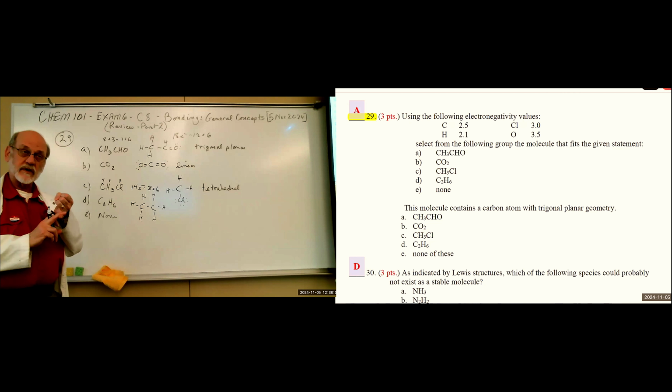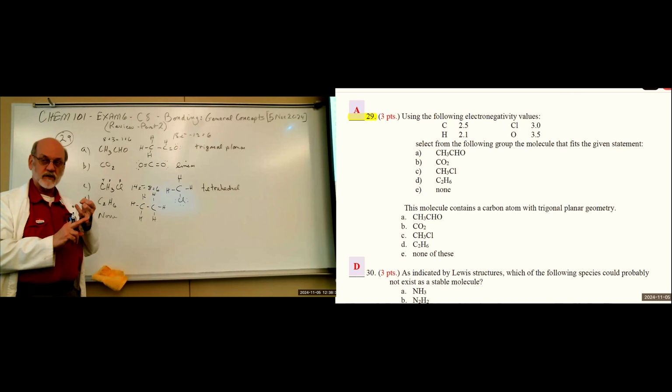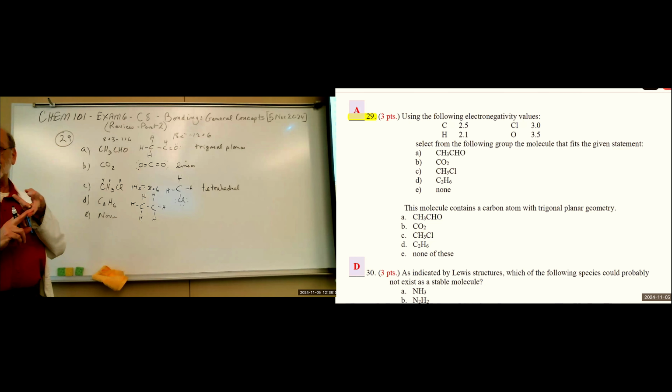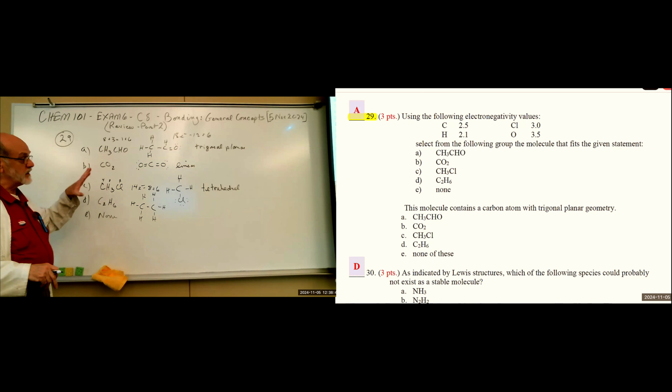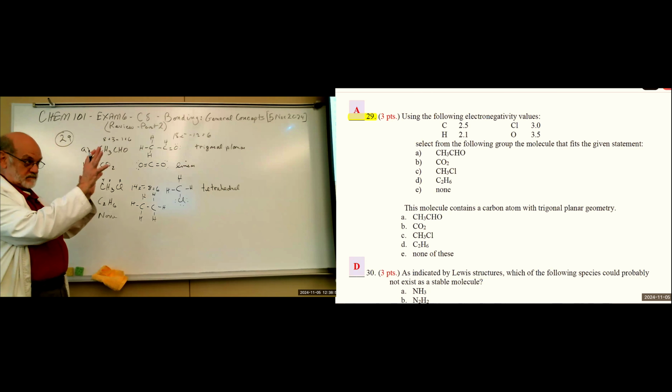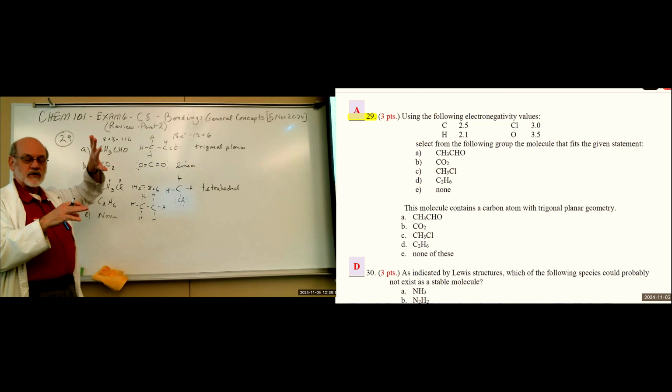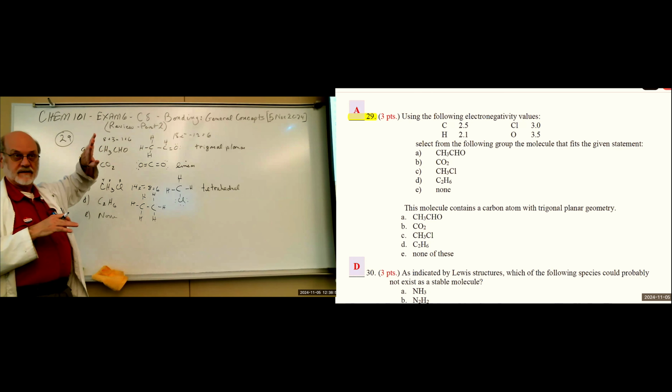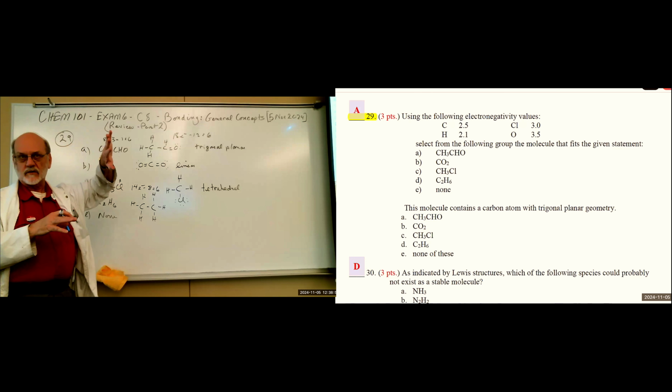So 2 groups around a central atom is linear, 3 trigonal planar, 4 tetrahedral, 5 trigonal bipyramid, and 6 octahedral. And then to do the molecular geometry from that, you draw that structure, and then you cover up the lone pairs if there are any. And that gives you the molecular geometry.